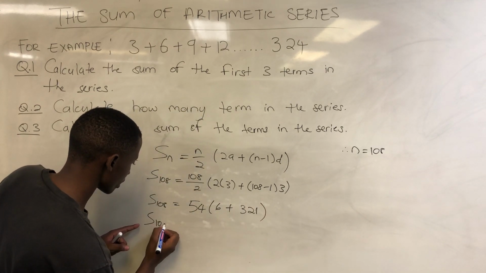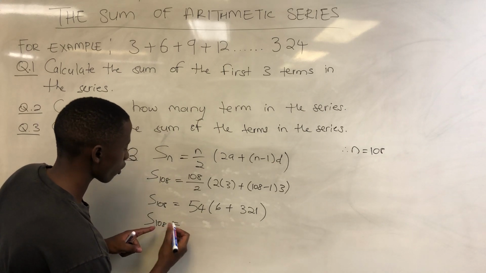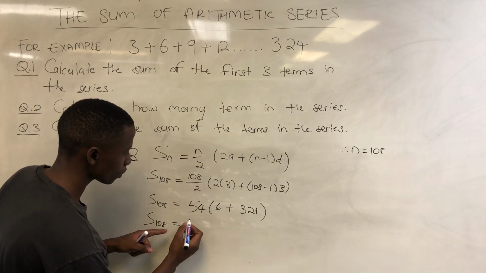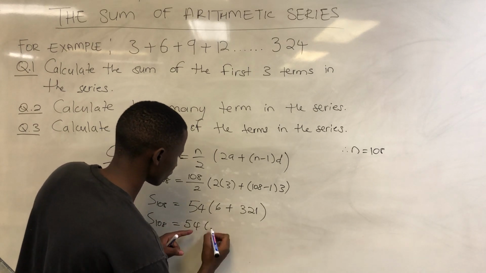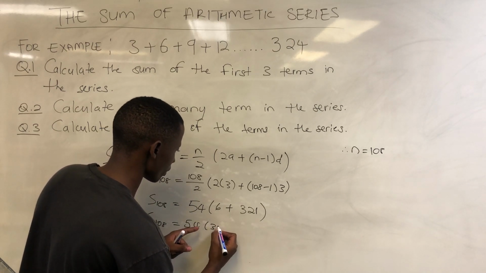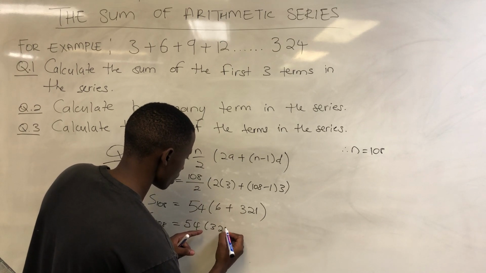So the sum of all 108 terms in the sequence will be equal to 54 times 6 plus 321, so 327.